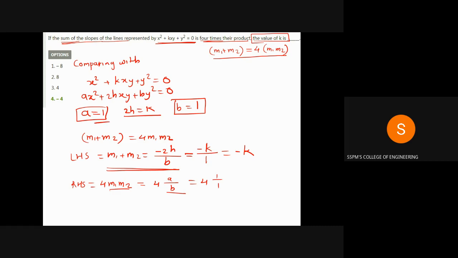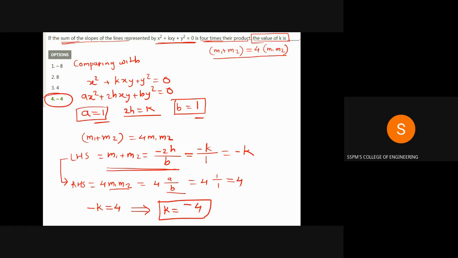A is 1 and b is also 1, that is 4 times 1 by 1, which is equal to 4. Therefore, as LHS and RHS are equal, we can write minus k is equal to 4, which implies that k is equal to minus 4. K is equal to minus 4, that is the correct option.